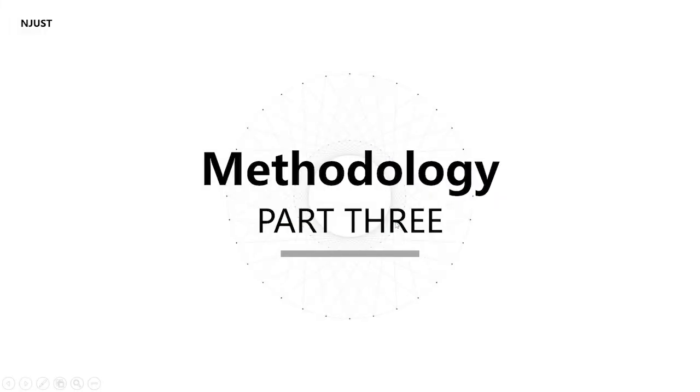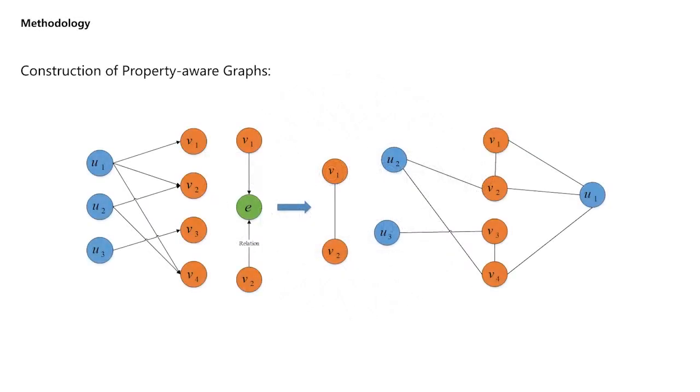Part 3 is the methodology. In order to get the semantic information of an item, we utilize knowledge graph as the side information to assist our recommendation task. Knowledge graph usually connects fruitful facts and connections among entities.